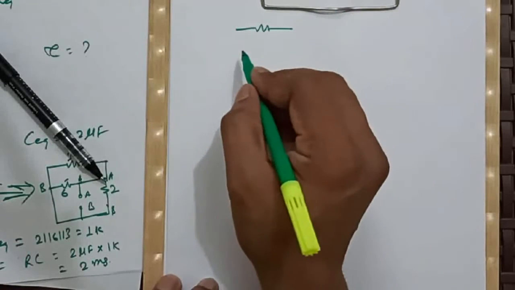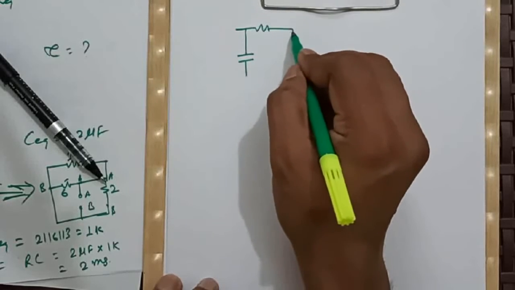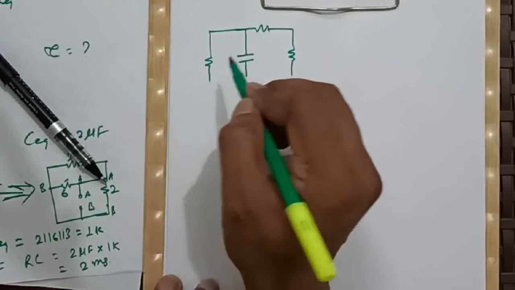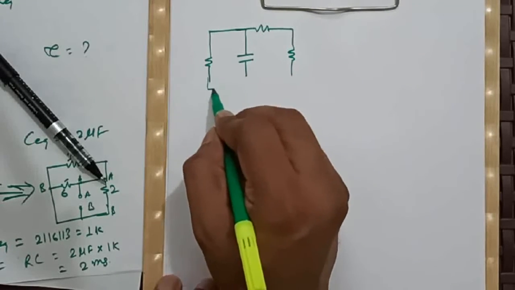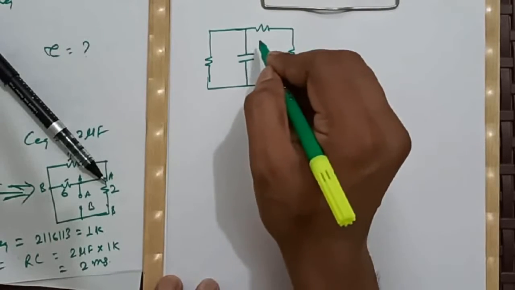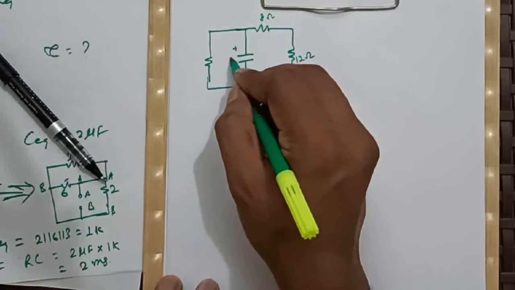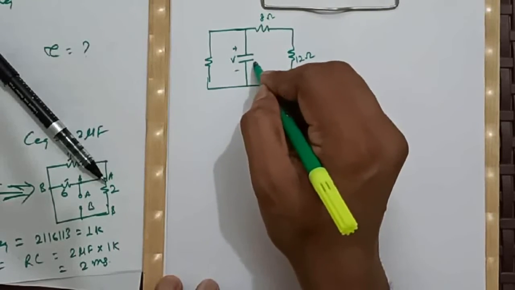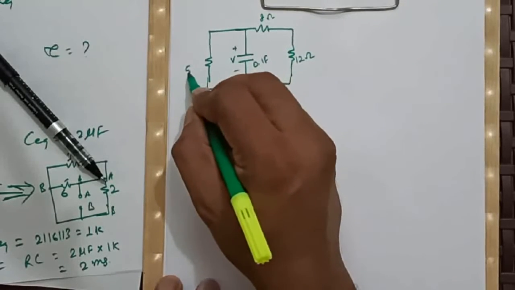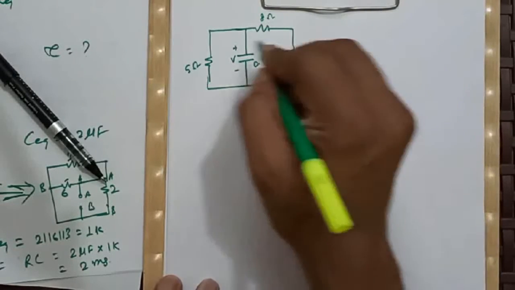A resistor R, a capacitor initially charged, a resistor R, a resistor here. This is 12 ohm, this is 8 ohm, this is plus or minus V, this is 0.1 farad, and this is 5 ohm.